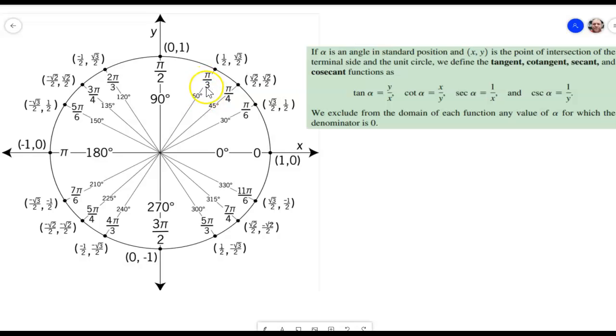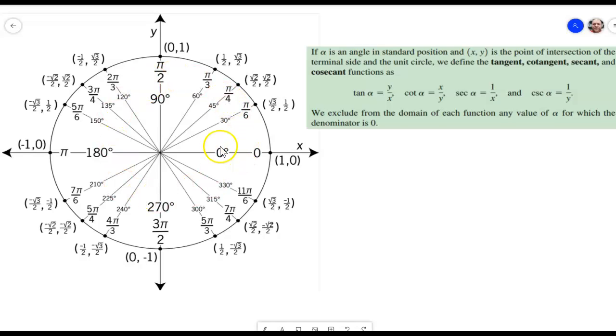This would be 2/6 of a pi, or that 2/6 goes down to pi over 3. This would be 3/6, 4/6, 5/6, 6/6, 7/6, 8/6, 9/6, which reduces down to 3 over 2, 10/6, which reduces down to 5 over 3, 11/6, and 12/6, which is going to reduce down to 2 pi.